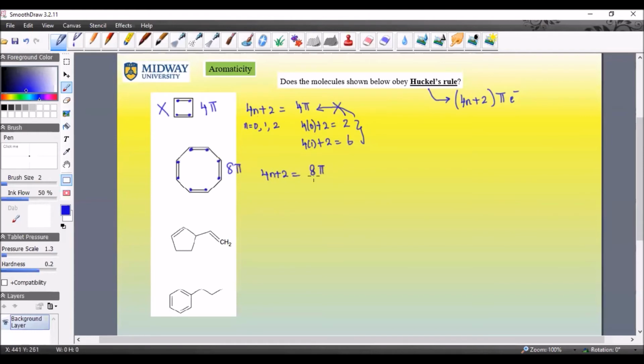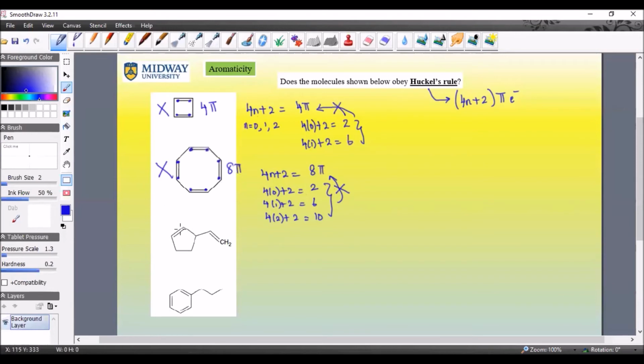If you put 0, as I did earlier, I'm going to get 2. If I put 1, I get 6. If I put 2, I get 10. So none of these values for n ever gave me 8 back. So again, this does not obey Huckel's rule.